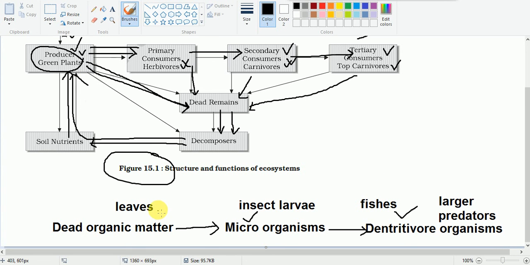So this is another example of this detritus food chain.